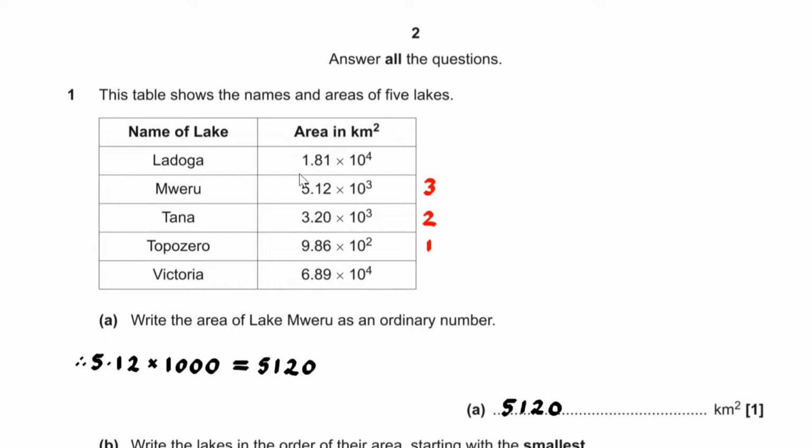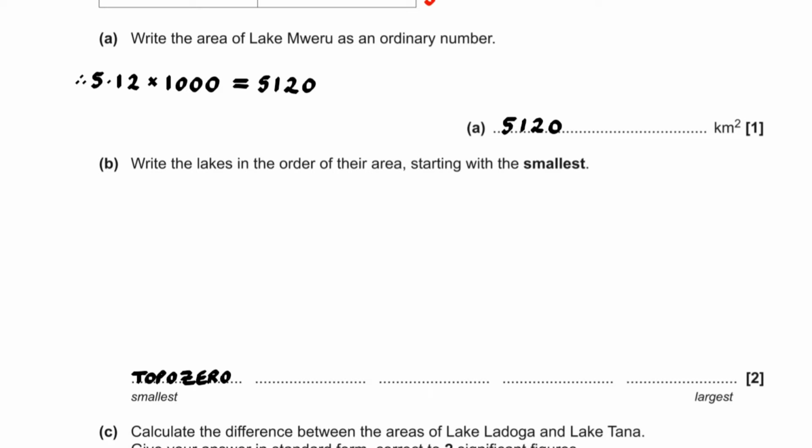The smaller one is the 1.81 times 10 to the 4. And the largest is the 6.89 times 10 to the 4. So now we need to write down the lakes in this order. So here is the smallest, followed by this, followed by this, followed by this, followed by this.